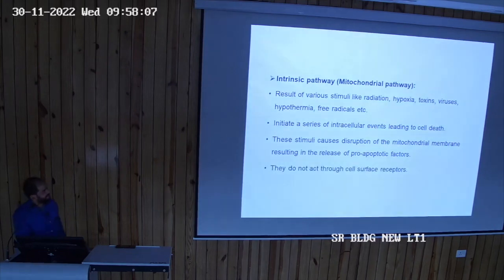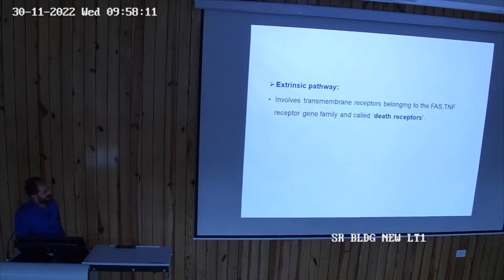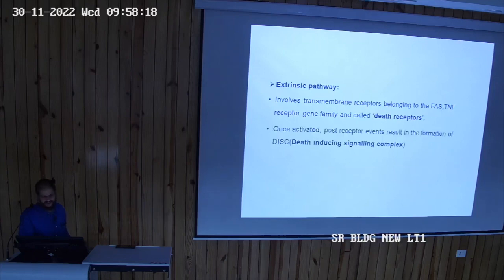Then the extrinsic pathway is acting through these death receptors, FAS and TNF receptor gene family. इसको हम death receptor कहते हैं, and it is stimulating the formation of the death inducing signaling complex, that is also called death domain, है ना, Fas-activated death domain.